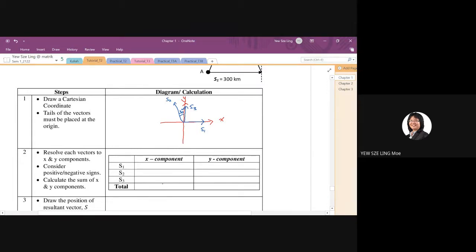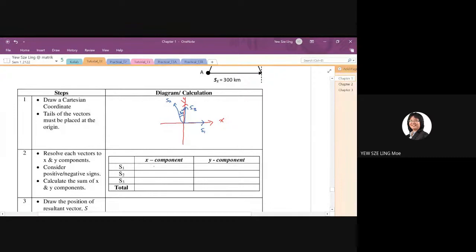Right, so now let's see how we are going to solve this question. Step number 2 is very simple. If you look at the diagram, my vector is located on the x-axis. So for S1, the x component is straight away equal to 300 km.